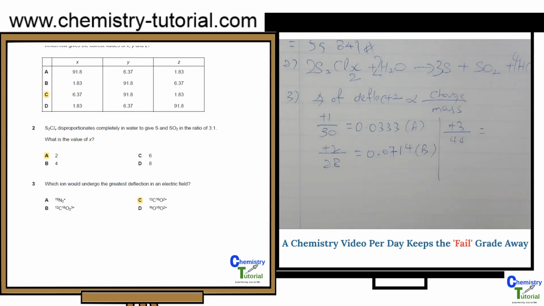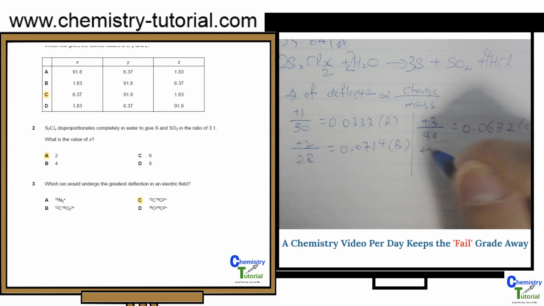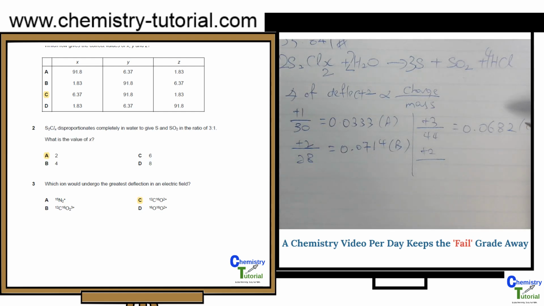So 3 divided by 44, what we have is 0.0682. That's for option C. For option D, we have +2 over the mass of oxygen, which is 16 plus 18, gives us 34. So 2 divided by 34 will get 0.0588. That's for option D.